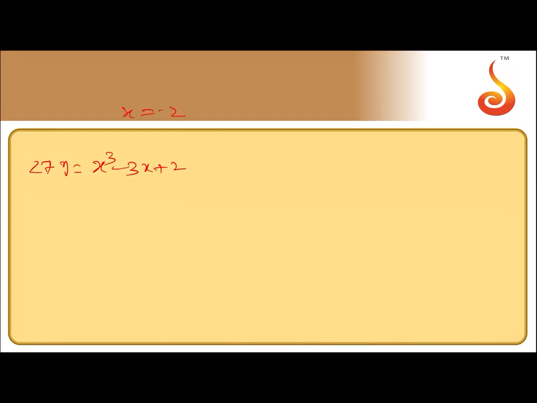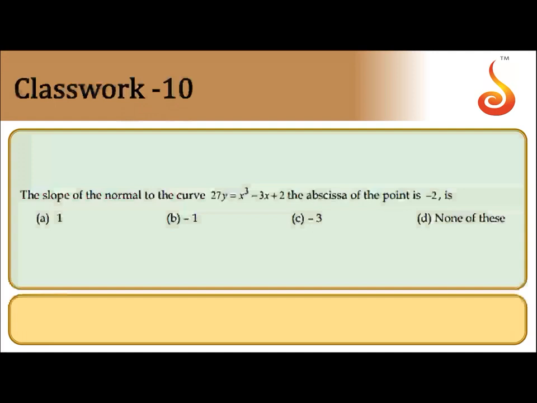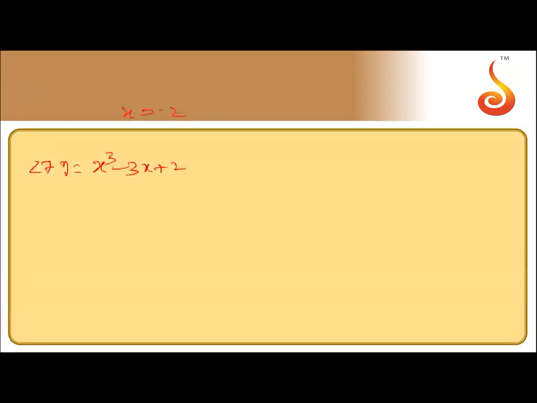At the point x equal to minus 2, what is the slope of the normal? Let me find the derivative here. y dash will be 3x square minus 3. At the point x equal to minus 2, when I substitute, I hope we'll be getting minus 2 whole square.